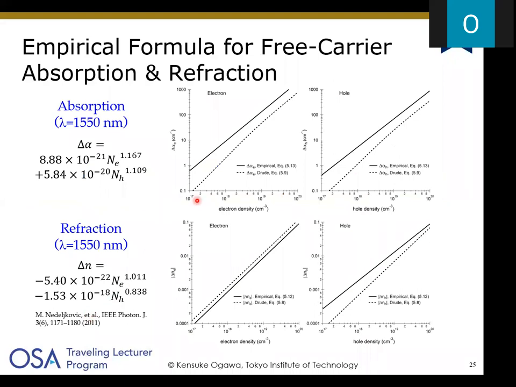And actually it characterizes the change in absorption coefficient and the change in the refractive index as a function of carrier densities based on these schemes. The dotted dashed lines in this graph are based on the Drude model equation.